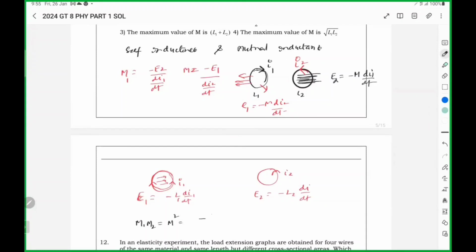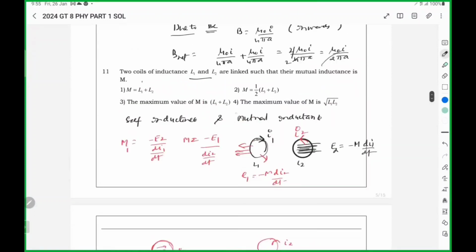That is minus E2 by di1 by dt into minus E1 by di2 by dt. Rearranging it, E2 by di2 by dt into E1 by di1 by dt, which is L1 into L2.